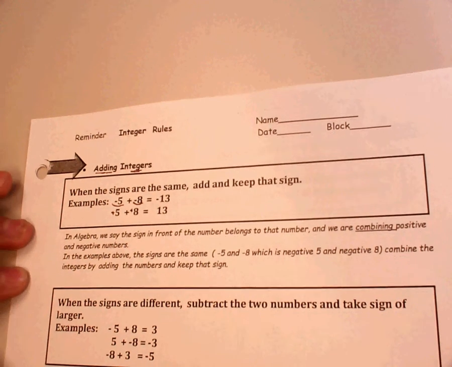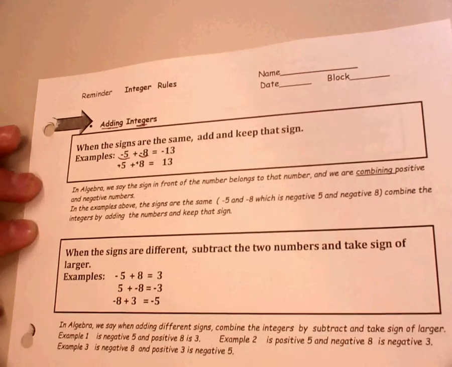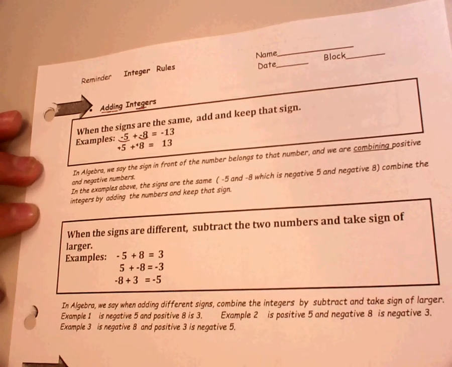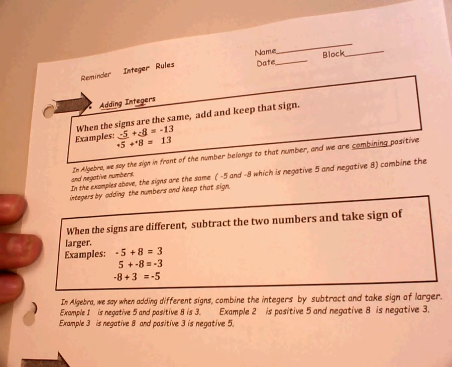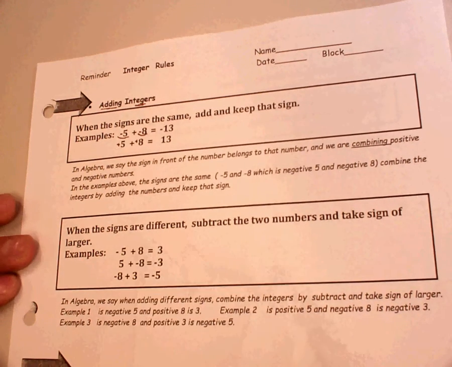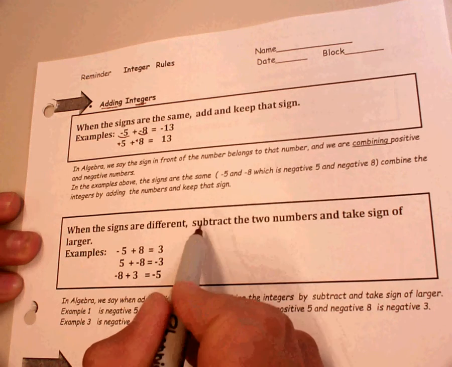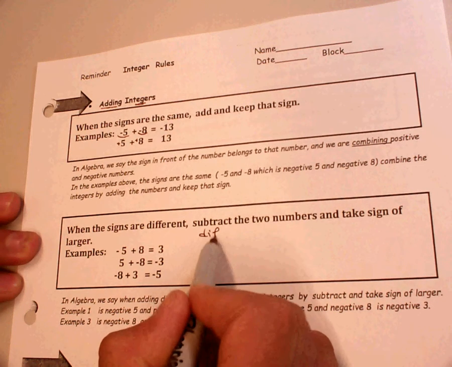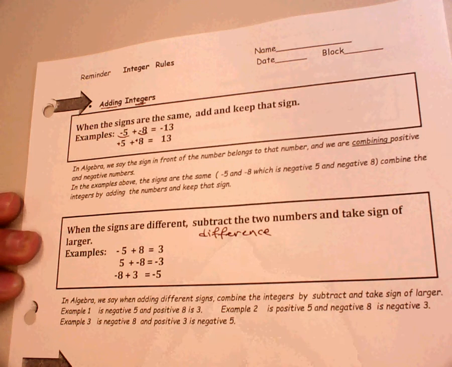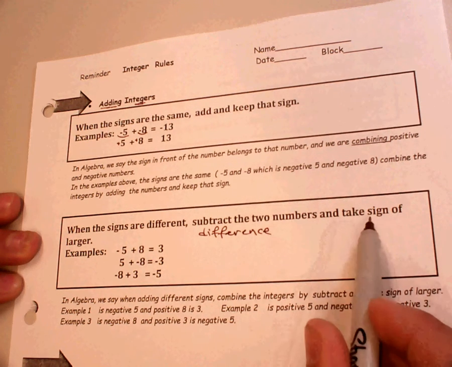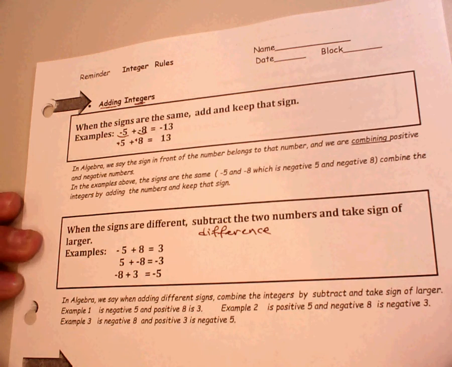Now when adding numbers with different signs, we need to follow a separate rule. When the signs are different, we will take the difference of the two numbers, that's subtraction, and keep the sign of the larger, bigger number.